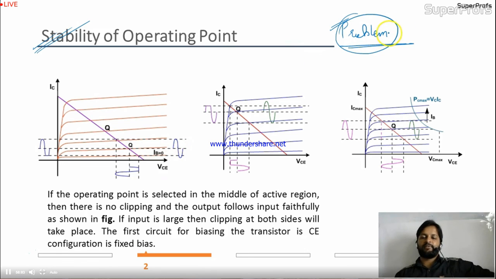This is a very lengthy unit, because the theory part is more and more. So what I'm going to do is choose the problem part, so the concept will be clear to you people, right? Because from this unit they are not asking for the theory part. They are simply asking problems. You have to know how to solve the circuit. So once I start the problems, you'll get it automatically.